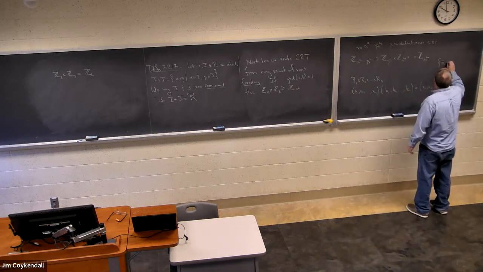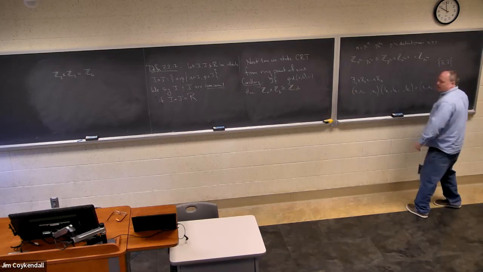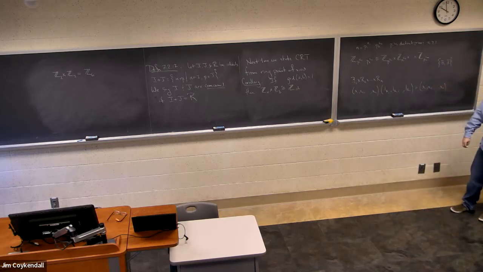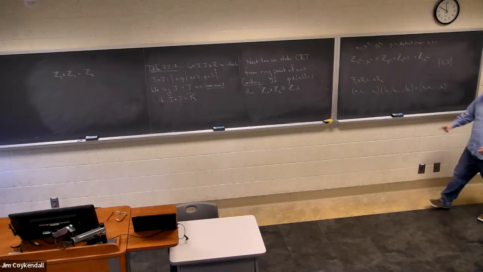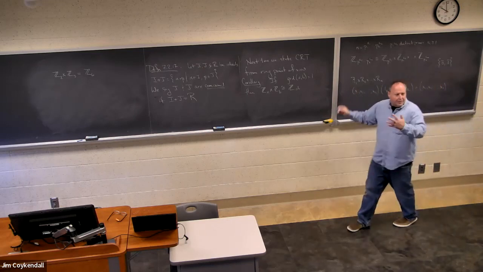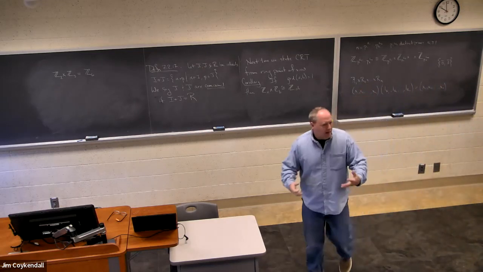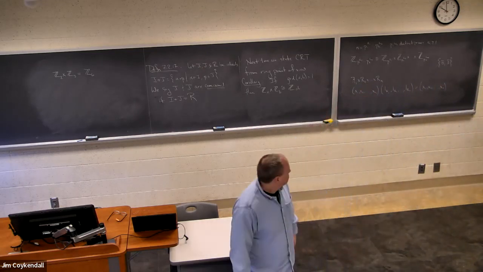If I give you the ring consisting of just 0 and 3, and my addition and multiplication is mod 6, that means 3 plus 3 is 0, and 3 times 3 is 3. Notice that this is an identity here, because 3 times 3 is 3, 3 times 0 is 0, and so forth. But it's not really a 1, right? So these are separate rings, so they might have different identities.